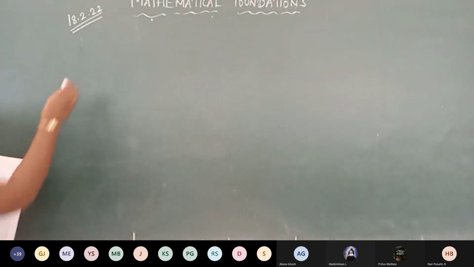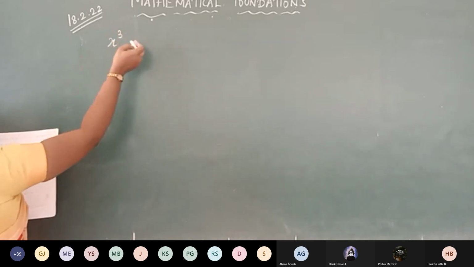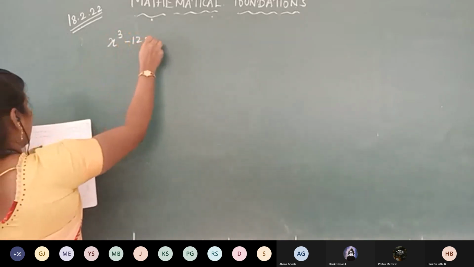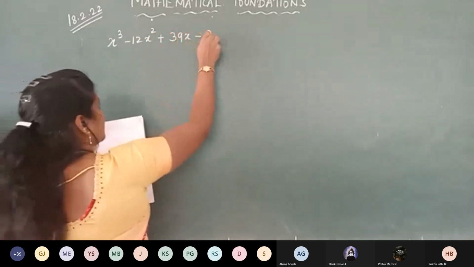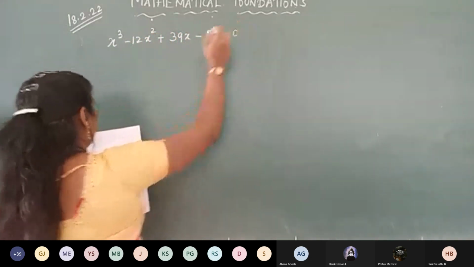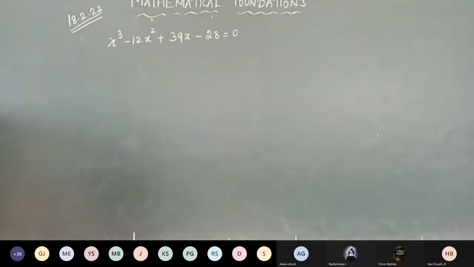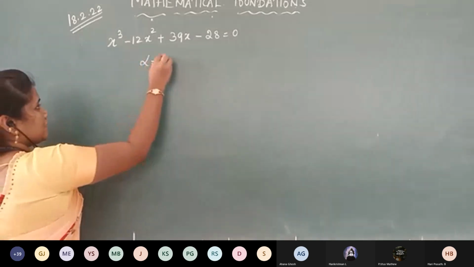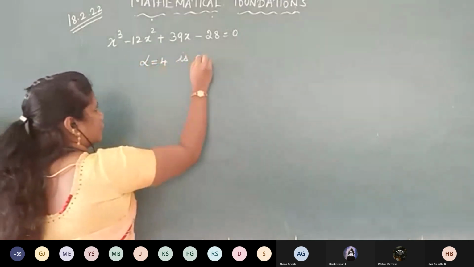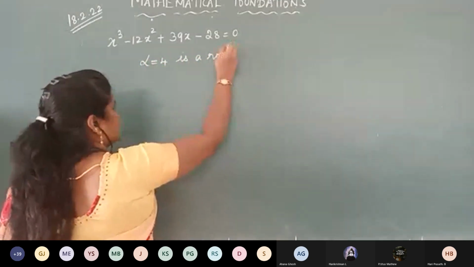Okay. So this was your equation, x cube minus 12x square plus 39x minus 28 equal to 0. For this, you got alpha is equal to 4 as one of the roots.